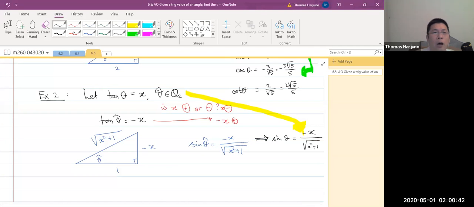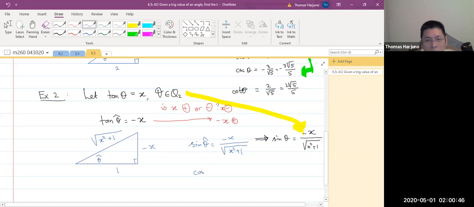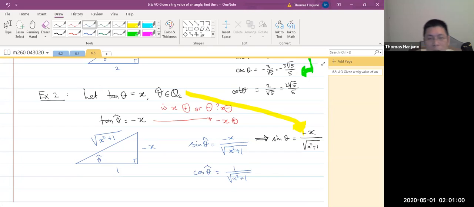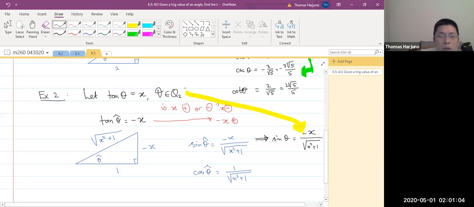Now, how about the cosine? Cosine theta hat will be 1 over the square root of x squared plus 1. From the expression, cosine theta hat is positive, but in quadrant 2 it's supposed to be negative, right? So I will change the sign.